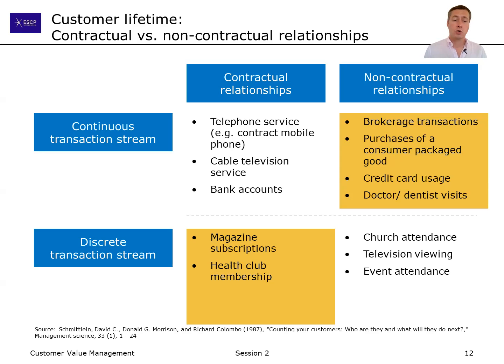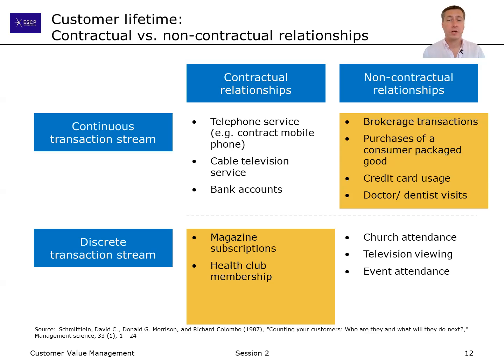The second dimension is continuous versus discrete transaction streams. Companies with continuous transaction streams mean that customers can decide to make a transaction whenever they want. You can use your credit card whenever you want. It is not that your American Express card only works Tuesdays and Wednesdays between 8 and 4 p.m. This is different, for example, if you want to go to a live concert, a live theater or opera performance.